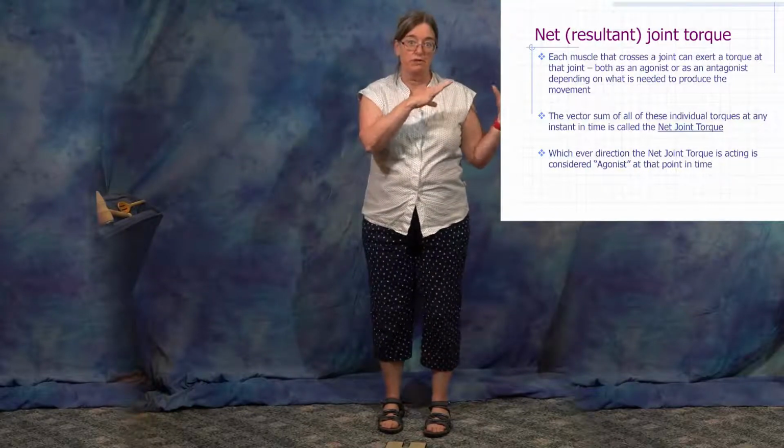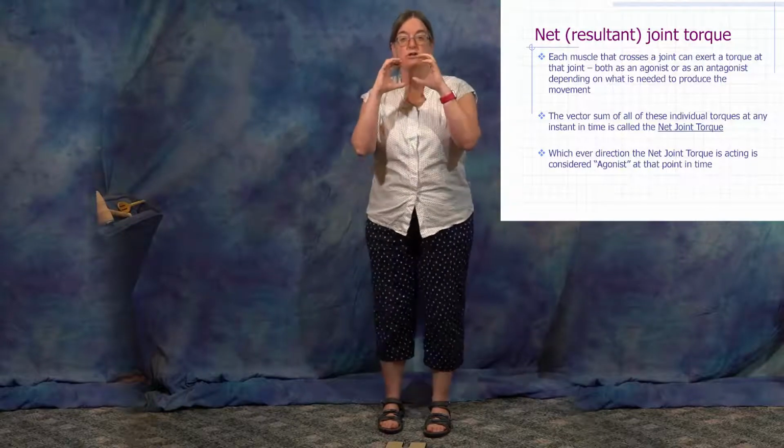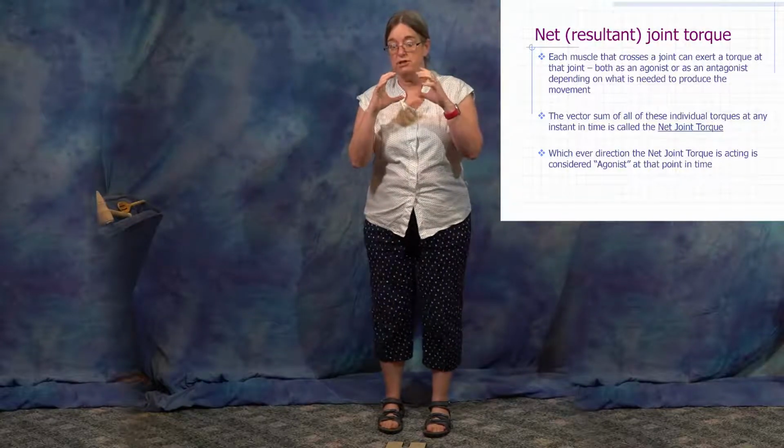Some of them will be creating a torque in one direction and some in the opposite direction. You add the ones going in one direction and subtract the ones going in the other direction, so you get your net torque.